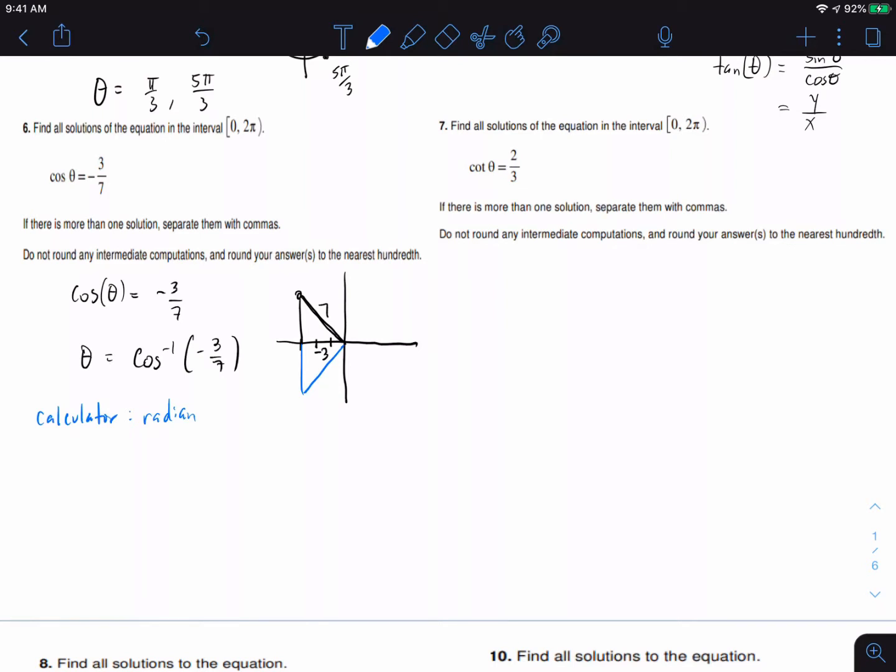And then what you're going to do is find this first angle. So this is the one we're going to find first. So to do that, we're going to type literally this into the calculator. I'm going to go second cosine of, just cosine, and then type in a -3/7.